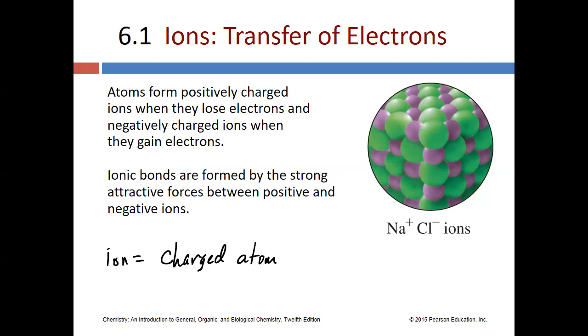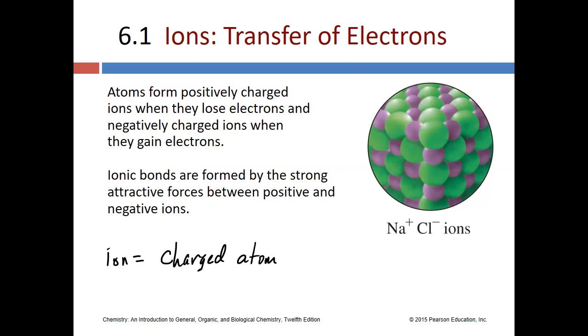An ion, in its very simplest definition, is an atom that carries a charge. Now, if you go back to what we were talking about in chapter 4, we talked about this idea of neutrality. Every proton has a matching electron and vice versa. Well, that works well if we have atoms. But if we have something that is not charge balanced, is not neutral, then we deal with what are called ions.